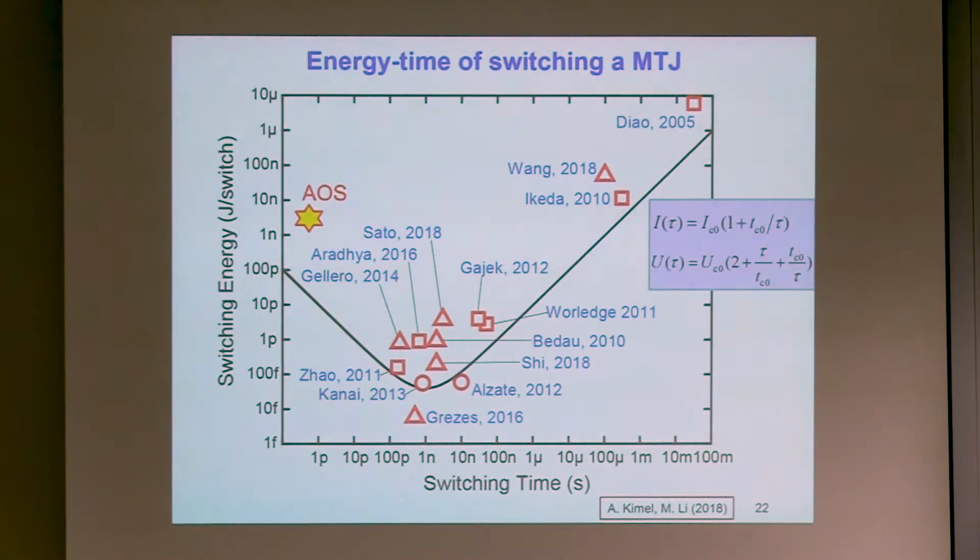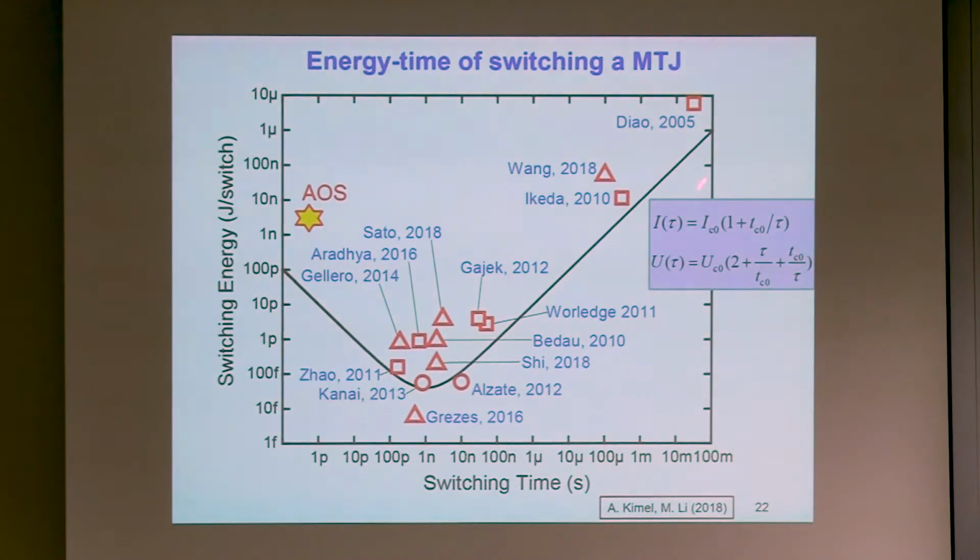So when you throw all these data points collected from the literature on this graph, and you plot this equation just as a guide to the eye, using a characteristic time constant tau 0 on the order of 1 nanosecond and a static switching energy on the order of a few femtojoules, then you see that most of the data, even though they belong to very different material systems and all kinds of device geometries, more or less fall on this line.